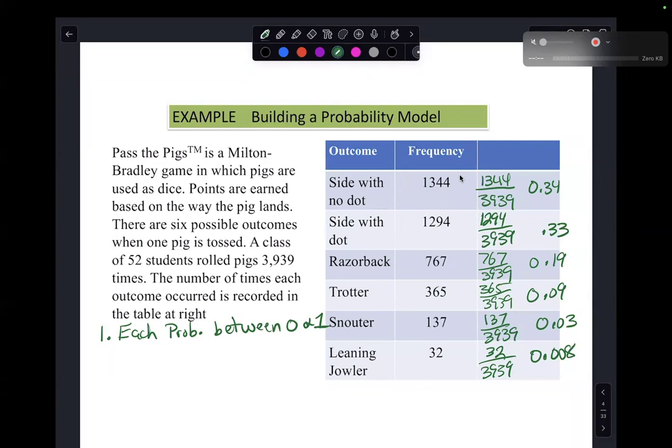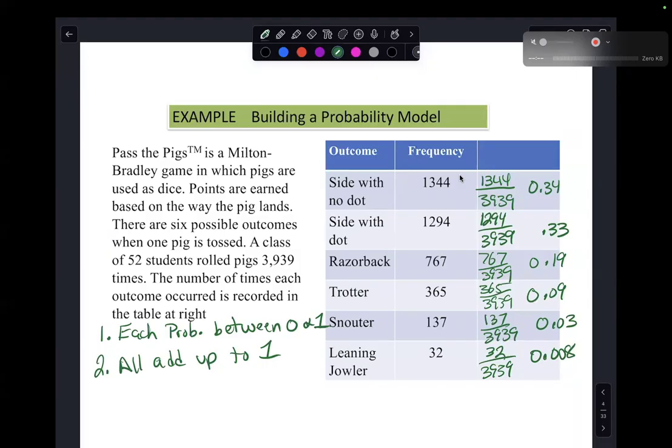So they must be between 0 and 1. And then another thing is when I'm all done, they will all add up to 1. Because this should be 100% of the options. So all of the probabilities will add up to 1.